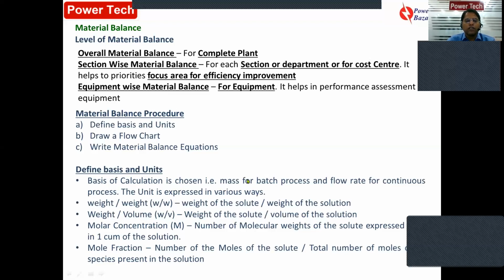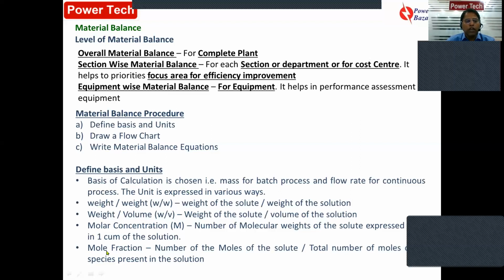That is mass for a batch process, and flow rate for a continuous process. Why? Batch is a discontinuous process, therefore the mass going into the system is calculated. But in case of a continuous process, the flow rate, that means mass flow rate with respect to time, is found out first. Now, the unit can be expressed in various ways.